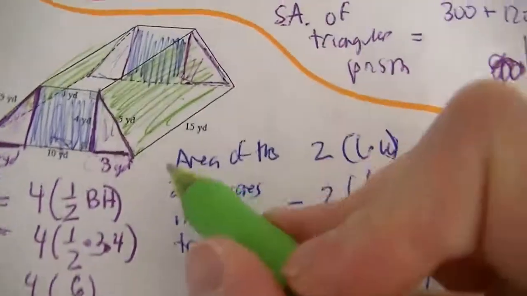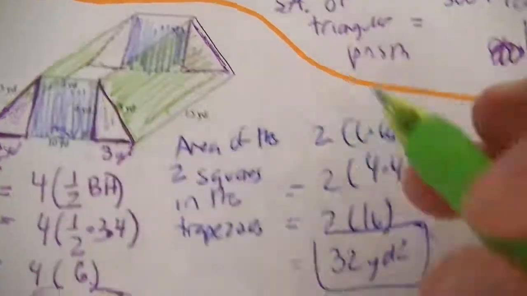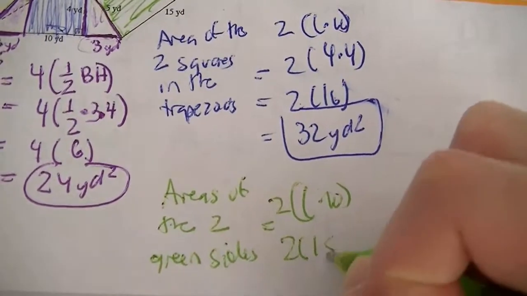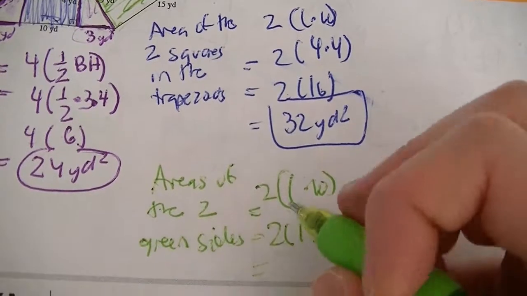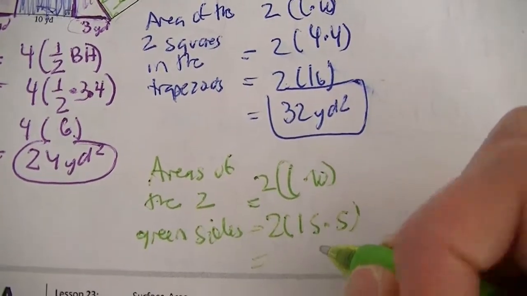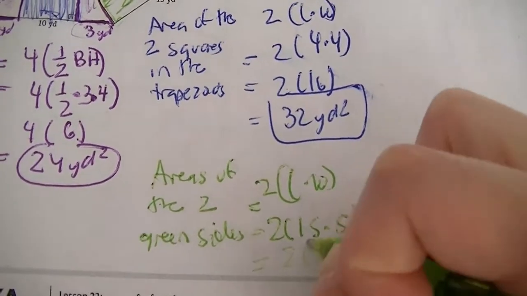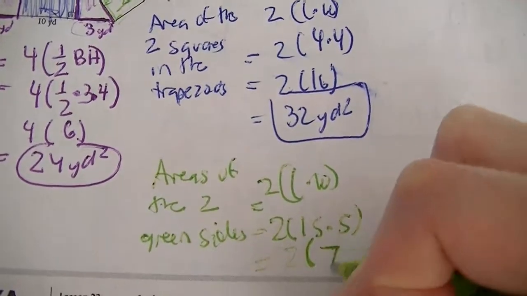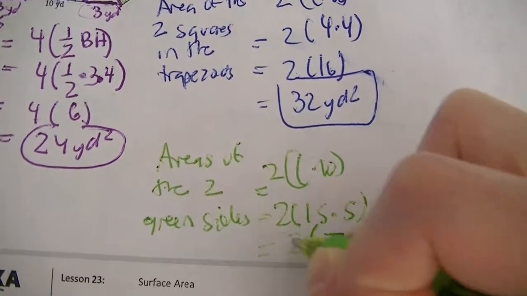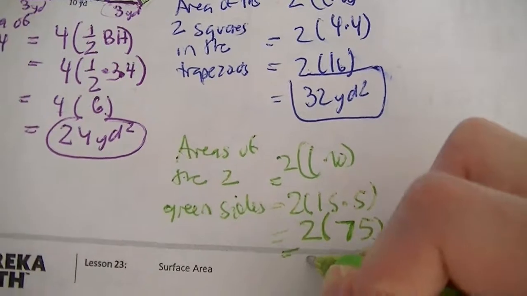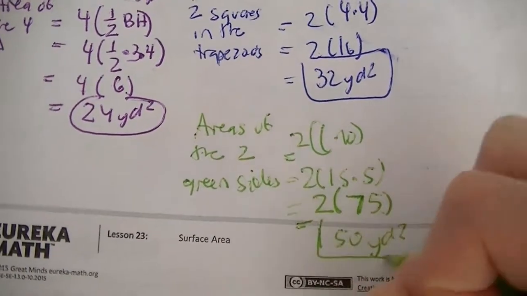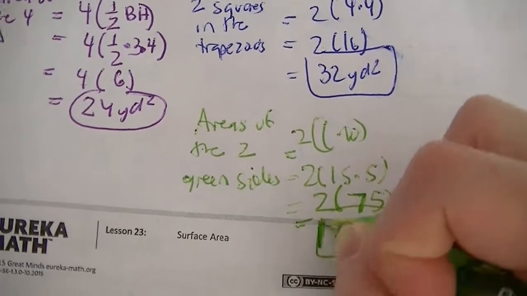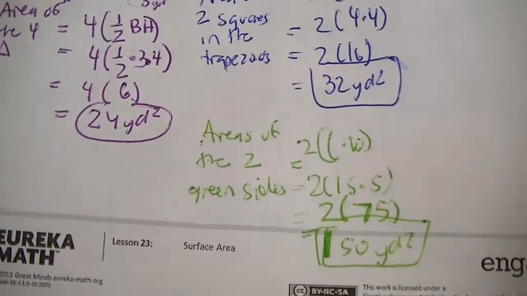So 2 times 15 times 5. And that would give us 2 times, oh, my pen's dying, 75. 2 times 75 is going to give us 150 yards squared. It's 150, okay?